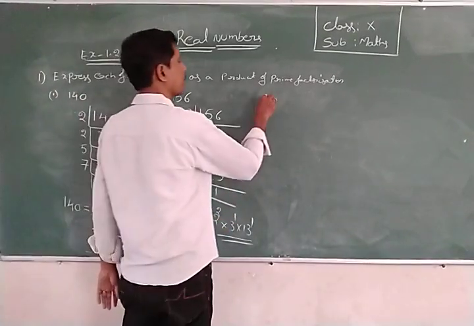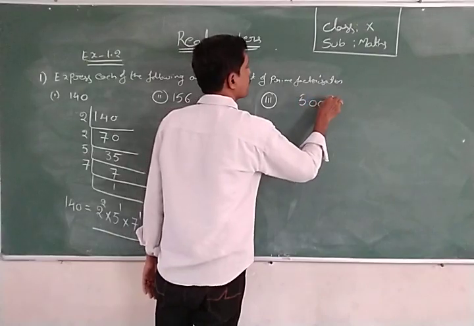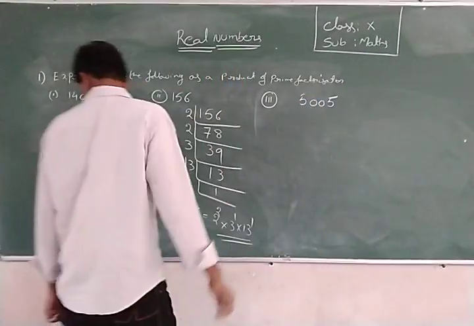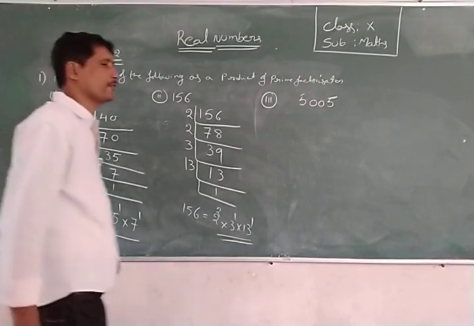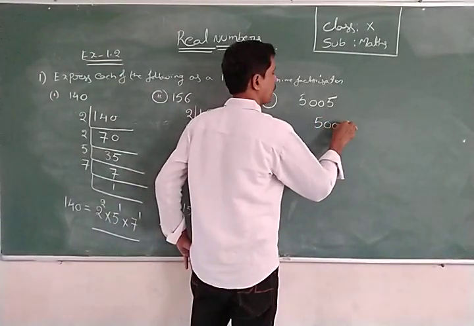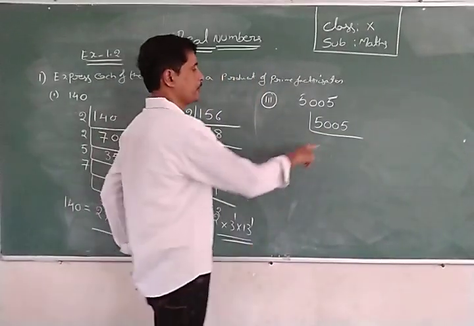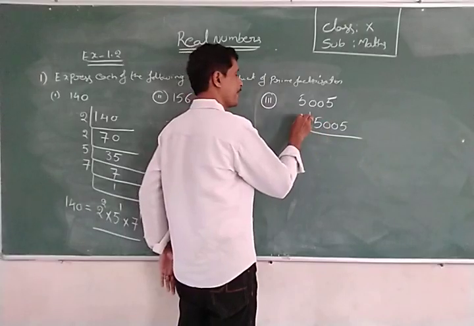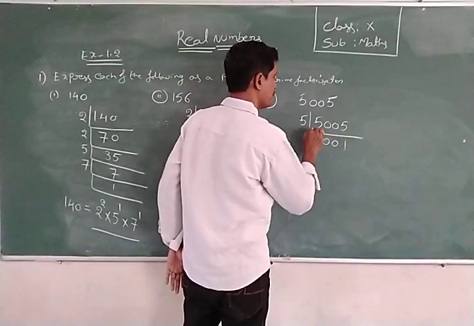Next, one more problem: 5005. Here the unit digit is 5, so it is exactly divisible by 5. 5 ones are 5, then 0, 0, and again 1.